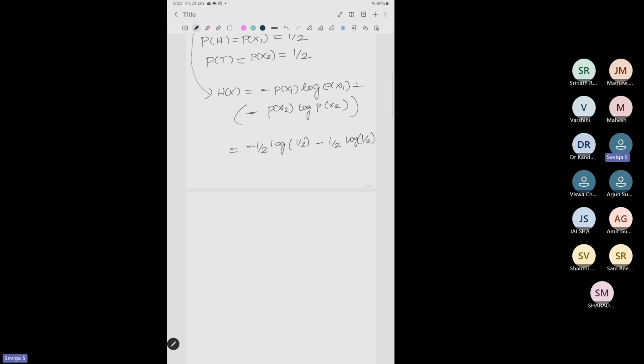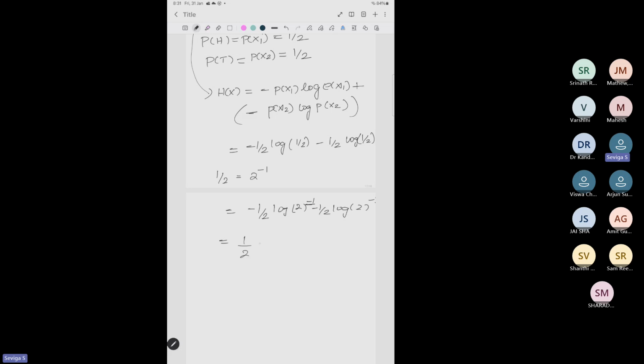How can I write 1 by 2? 1 by 2 can be written as 2 power minus 1. So minus 1 by 2 log of 2 power minus 1, minus 1 by 2 log of 2 power minus 1. So this minus 1, I can put it before.